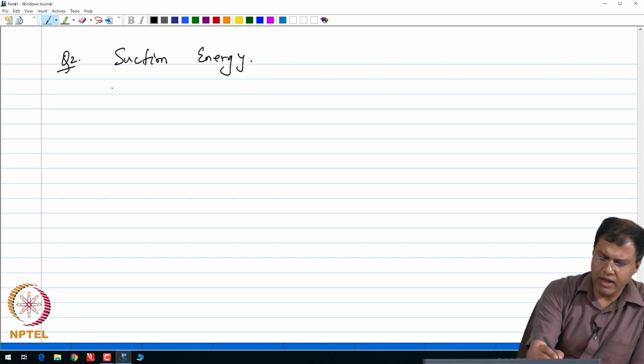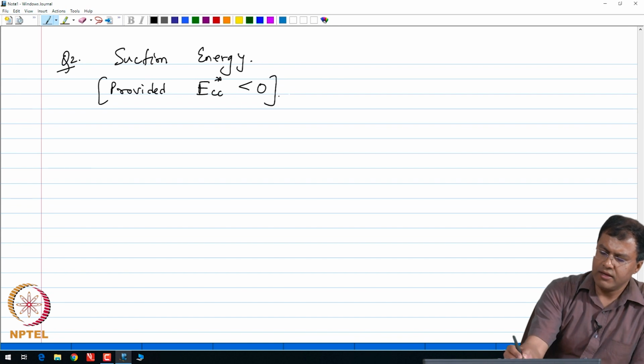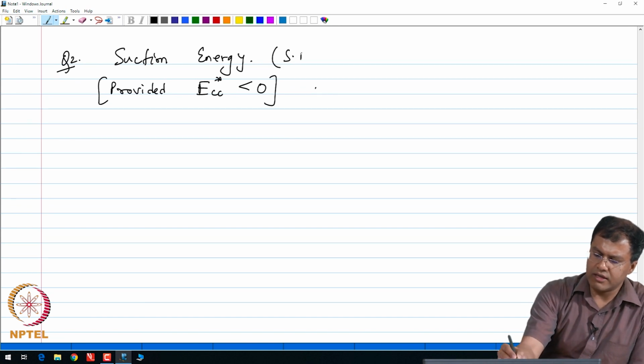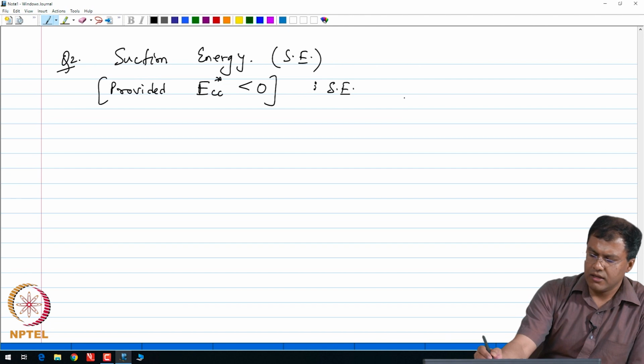So, if the cylinder interaction energy is negative, let me call this SE, then my suction energy is the work done in extruding the cylinder out of the outer cylinder.